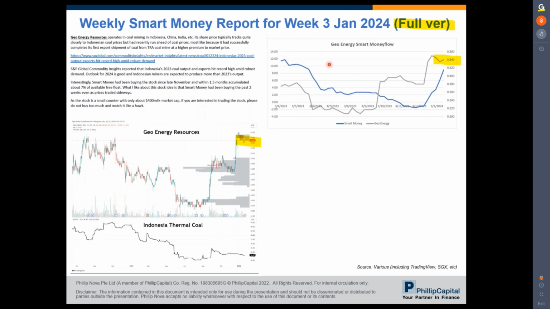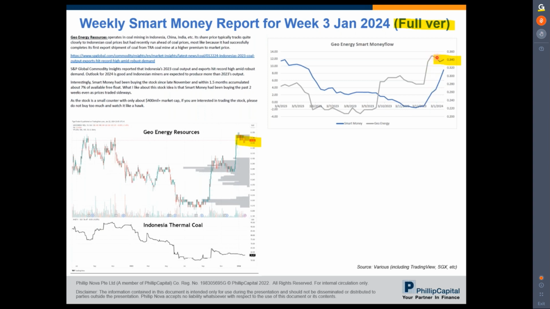Back on this report for week 3 of Jan, meaning that towards the end of Jan, when I sent out this report, I alerted my client that I do see an opportunity here, right? We missed out on the initial run in November, because at that point the smart money was still selling, and then it had just changed to buying.